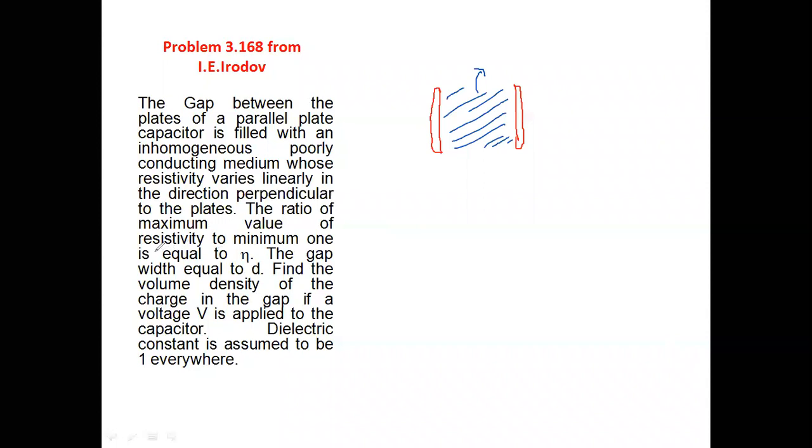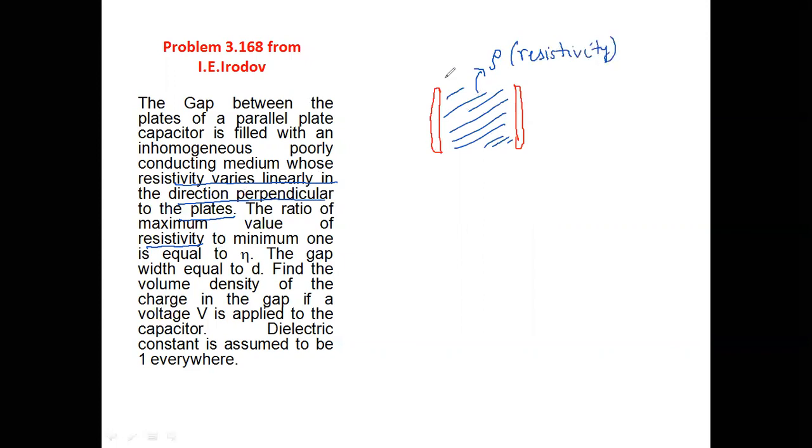Now this time the resistivity varies linearly, in the direction perpendicular to the plates. So this rho is a variable quantity. Rho is the resistivity which varies linearly.